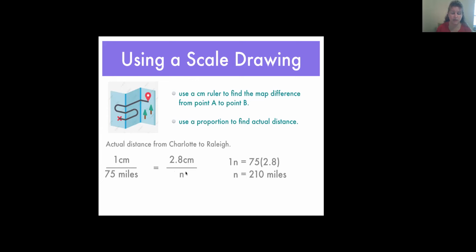Cross multiply: 1 times n equals 75 times 2.8. That leaves us with n equals, and if you multiply that out, use your calculator, that equals 210 miles. So that's your actual distance.